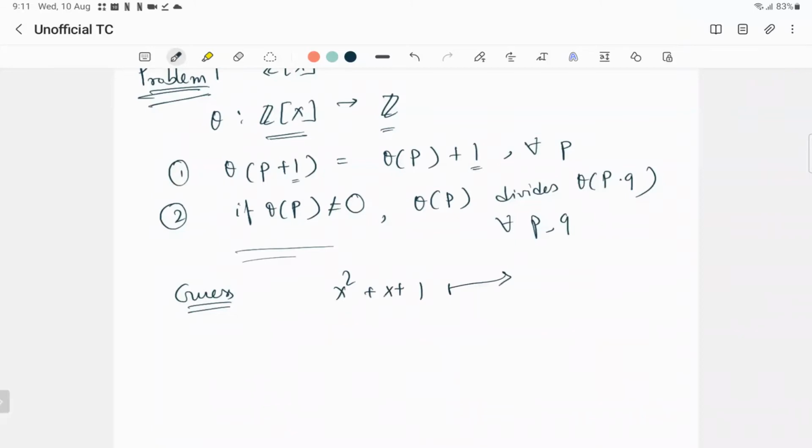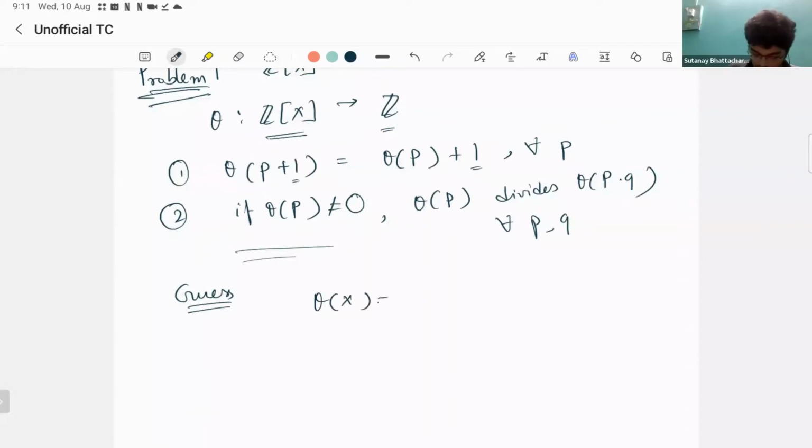I'm saying theta of x is equal to x for all x. That still outputs not an integer value. So basically this will take in a polynomial and the output will be some integer.